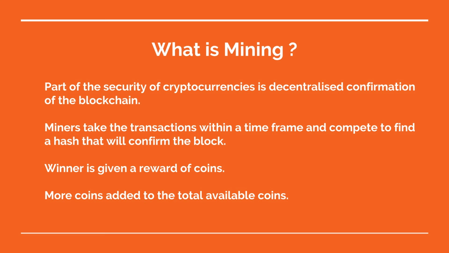It's not immediately apparent what the hash will be, therefore they have to try lots and lots of hashes, and as new transactions come into the block in a block time period, the hash will change. So the hash is only relevant when the last transaction is given to the block and you have selected the correct hash.